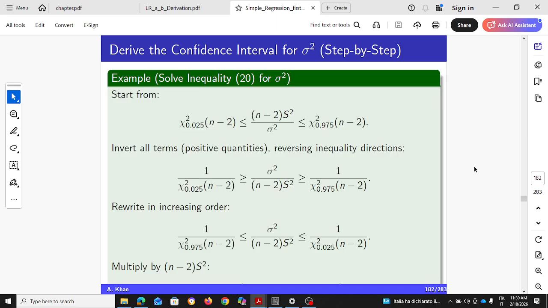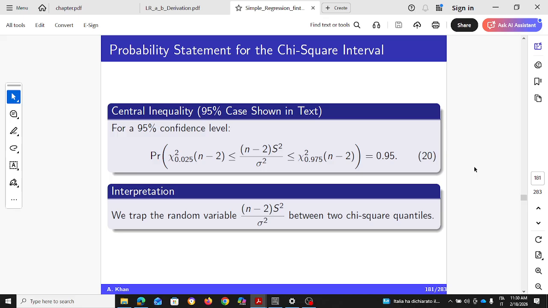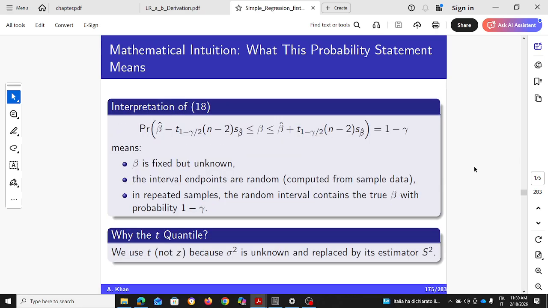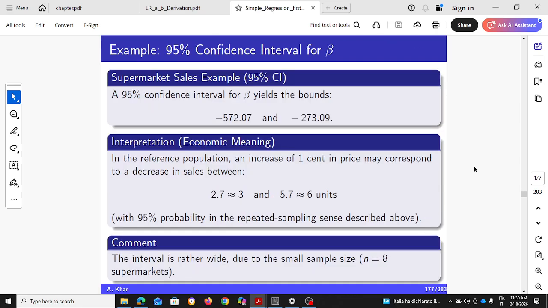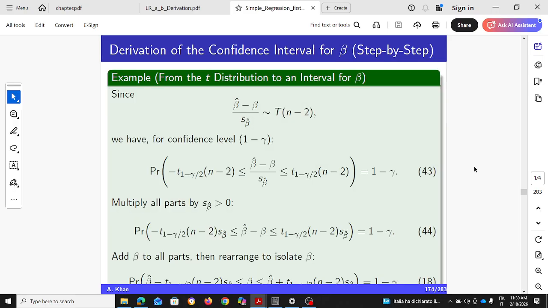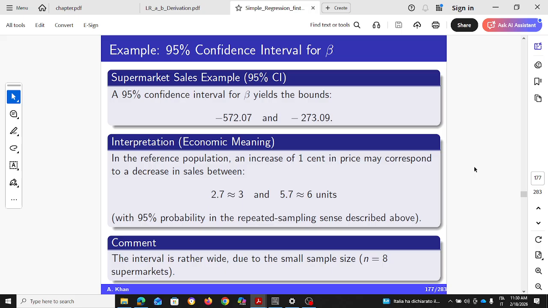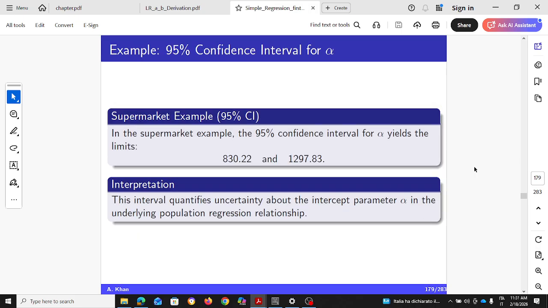Are these also like in the normal distribution, the quantile 1.96 and minus 1.96? Which one are you referring to? The current slide, the last line.